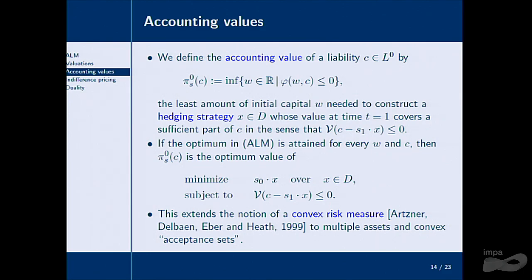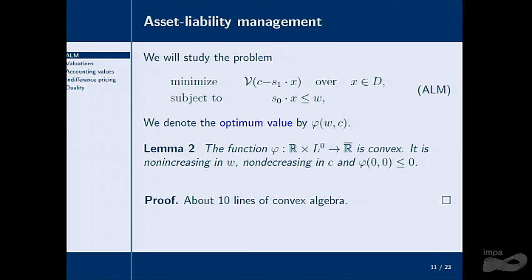To get a better feel for it, I go back to the ALM problem. If you assume that the optimal portfolio X exists for every W and C, in general there's no reason to assume that the optimal portfolio exists.